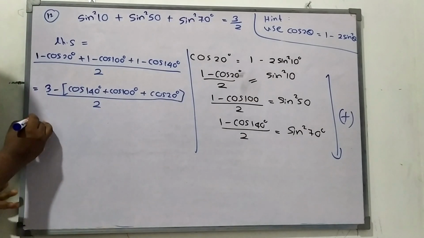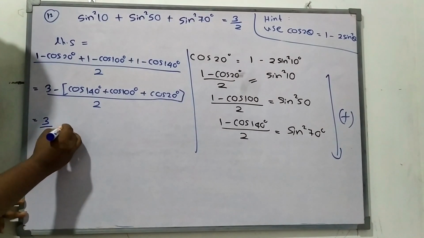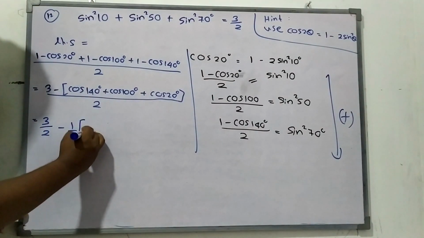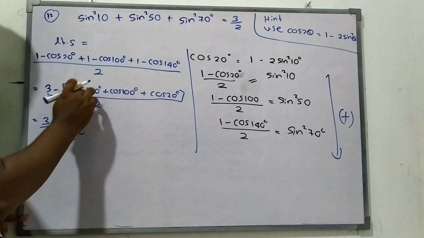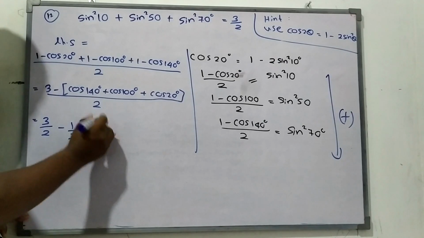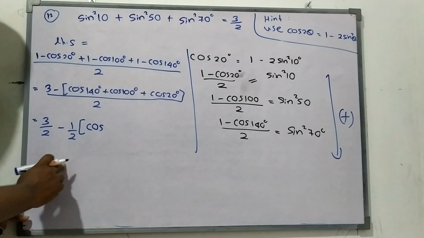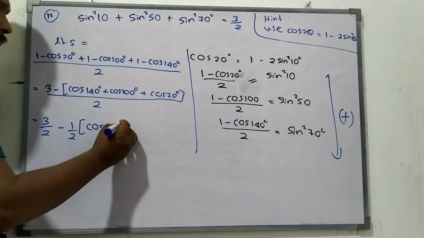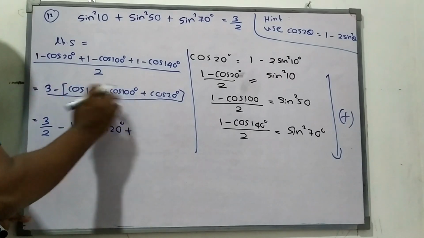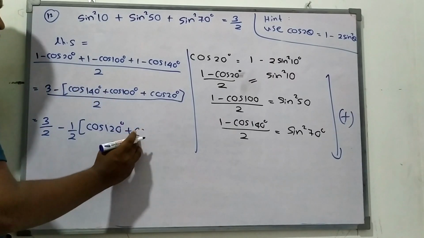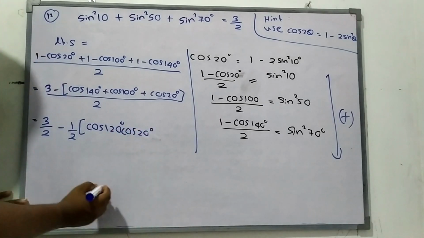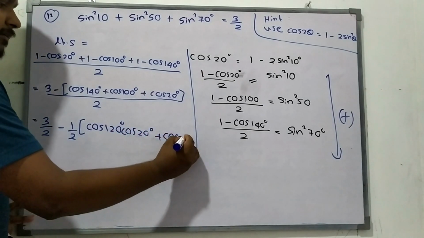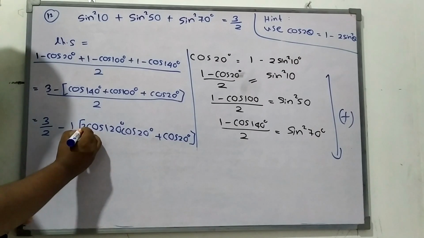And you can use CD formulas on these two. Cos C plus cos D: 240 divided by 2 is 120, plus the subtraction, which is 40 divided by 2, cos 20, plus cos 20. Here it's 2.